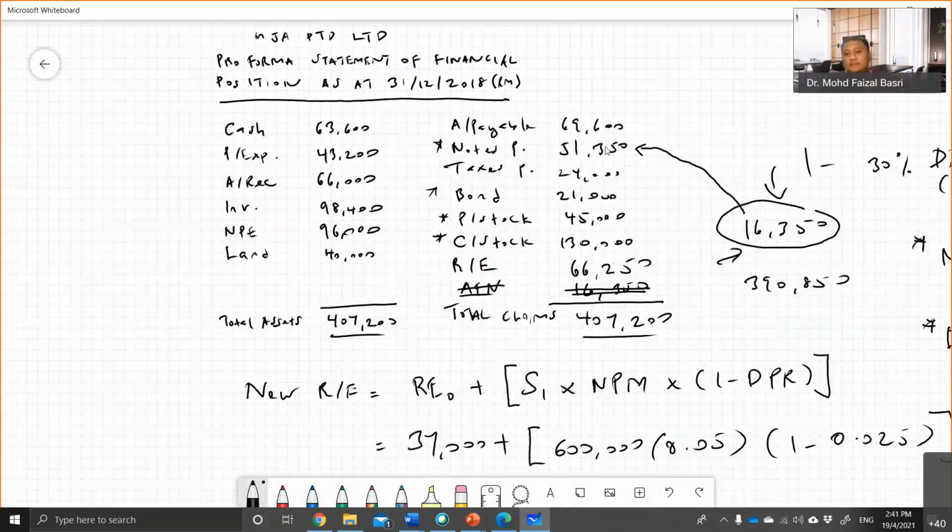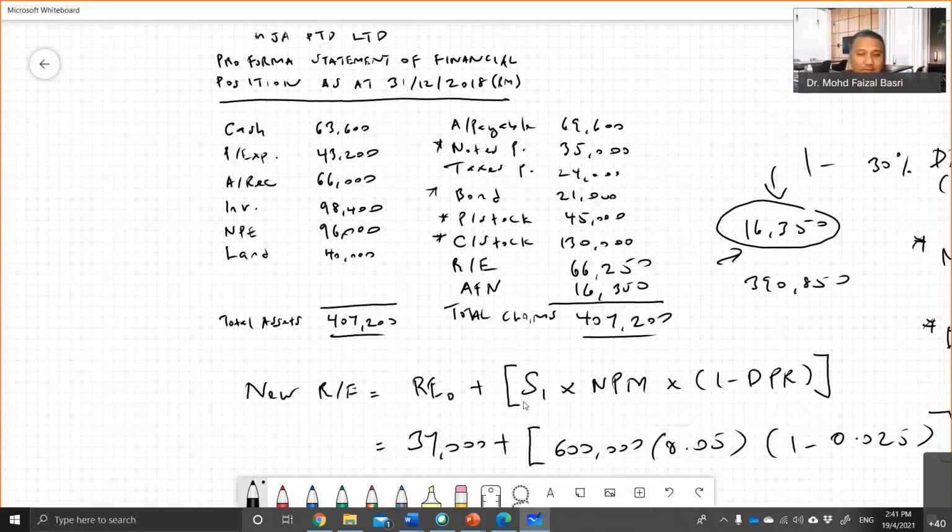It depends on the question. But for this question, it doesn't specify, right? So if it's not specified, our final answer still looks like this. If there is no specification for AFN, we're going to create one line for AFN and these values to get the total claims of 407,200.